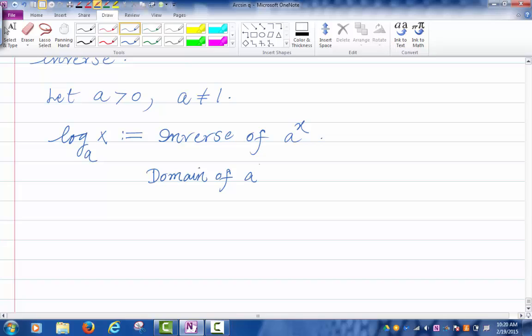It would be the domain of a to the x, and the domain of log base a would be the same as the range of a to the x. Notice it is exactly the same. Domain and range are exactly the same as ln and e to the x, right? Nothing changed. If you know the domain and range for e to the x and ln of x, you know the domain and range for any log base a. Right? Exactly the same. Okay?